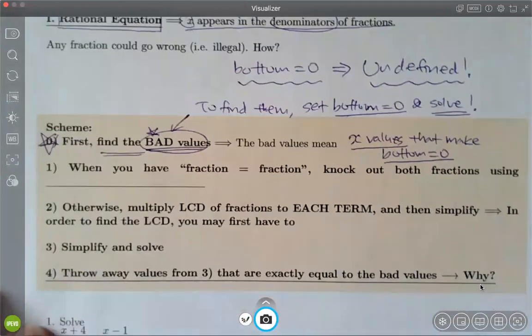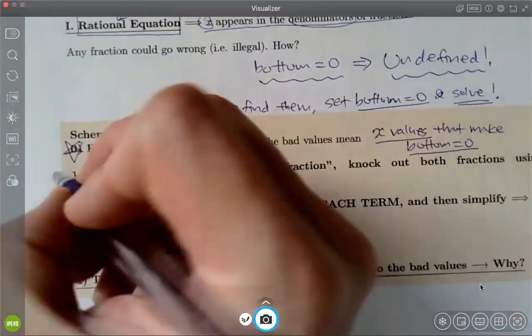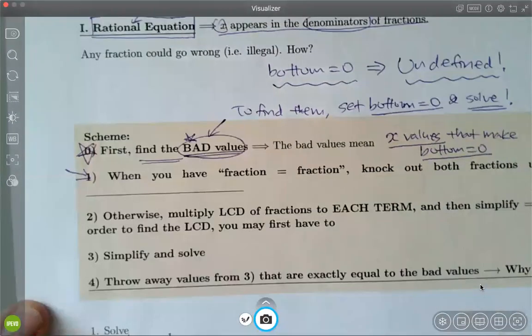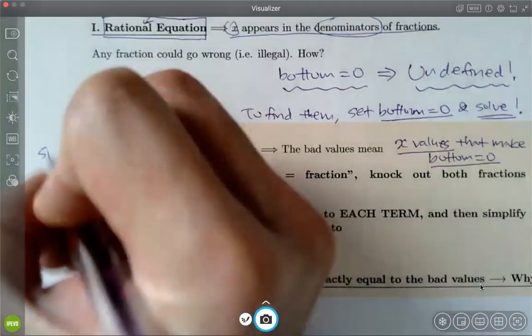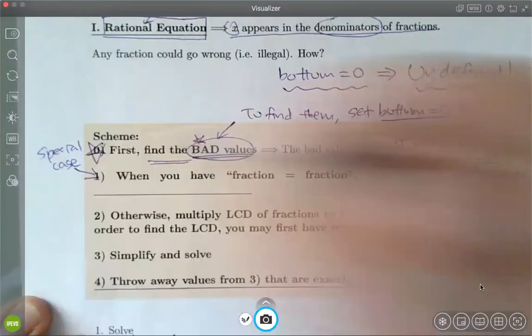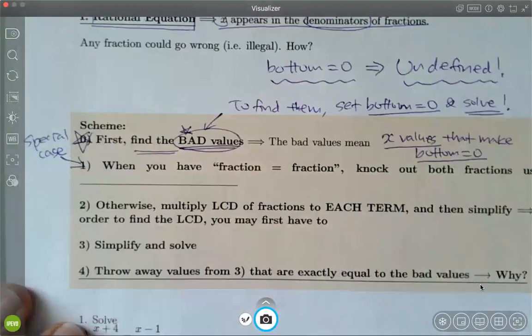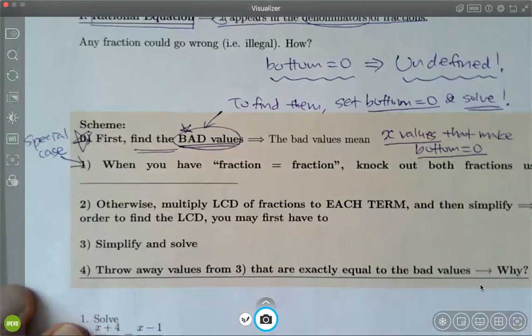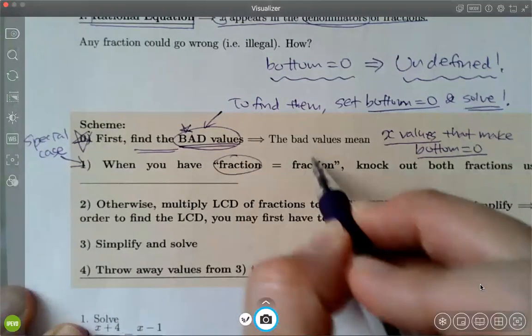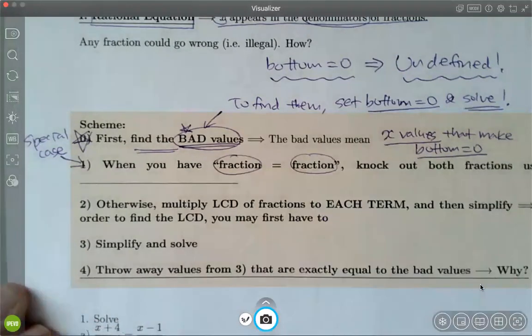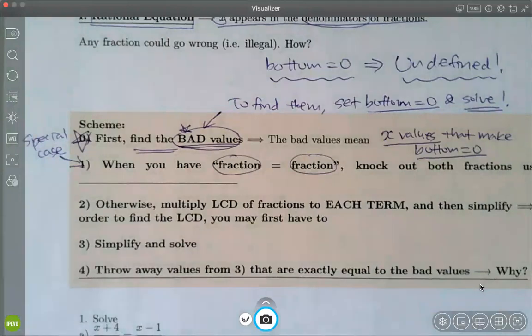Now, step number 1 is the special case. When you have fraction equals fraction in a problem, and that means there is nothing added or subtracted in the back or in the front.